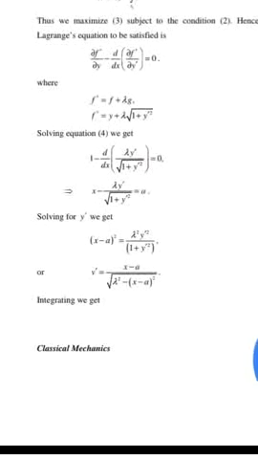Thus, we maximize this subject to the condition that the integral from x1 to x2 of square root of 1 plus y dash square dx is equal to L. Hence, it must satisfy the Euler-Lagrange equation: dF star by dy minus d by dx of dF star by dy dash is equal to 0, where F star is equal to F plus lambda G. F star is equal to y plus lambda square root of 1 plus y dash square.